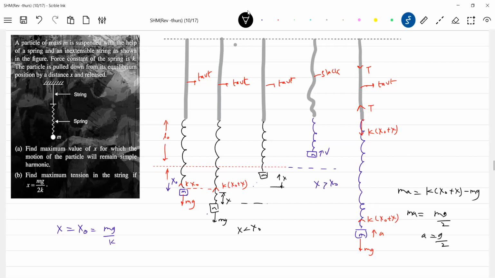Maximum tension is what is being asked, so that maximum tension will be, now this tension will be maximum.